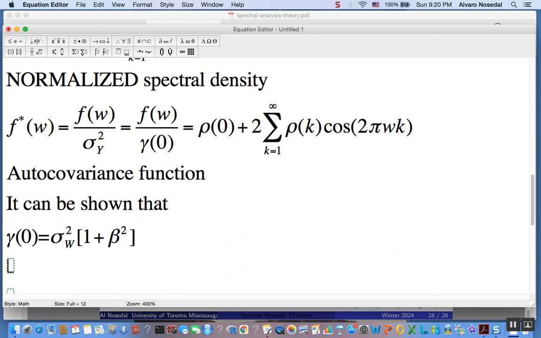We also showed that gamma at lag 1 or -1, because we know that it is symmetric. In that video we did it for 1, but then you got the other one for free. So gamma at 1, which is the same as gamma at -1, equals beta times sigma squared of W. So the variance of the W is not the process.